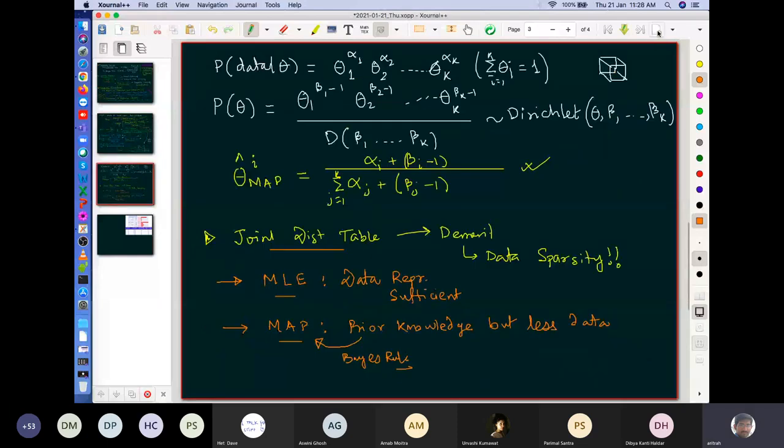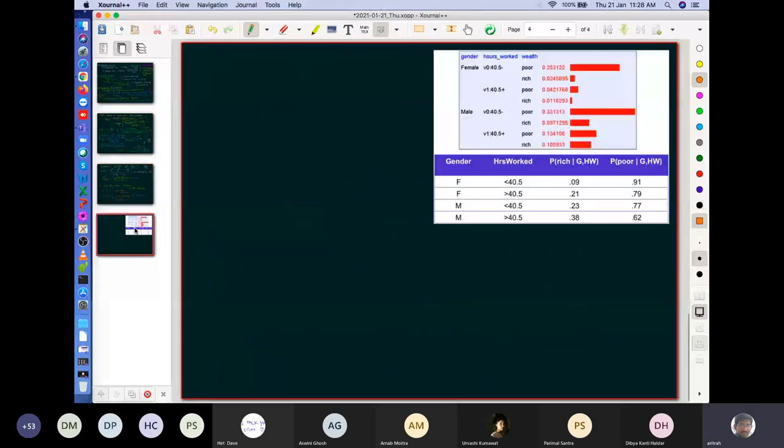Good. Now, coming back to our classical question, we have a joint distribution table and we know conditional probability. Coming back to our learning question, let's say we are classifying with a set of n attributes. This is what we want to answer now.